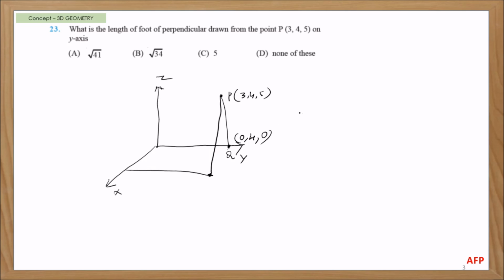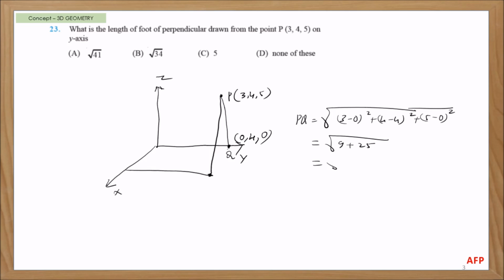Now the distance PQ is equal to the square root of (3 minus 0) whole squared, (4 minus 4), (5 minus 0) whole squared, which is nothing but 9 plus 25, which is the square root of 34. So option B is the correct one.